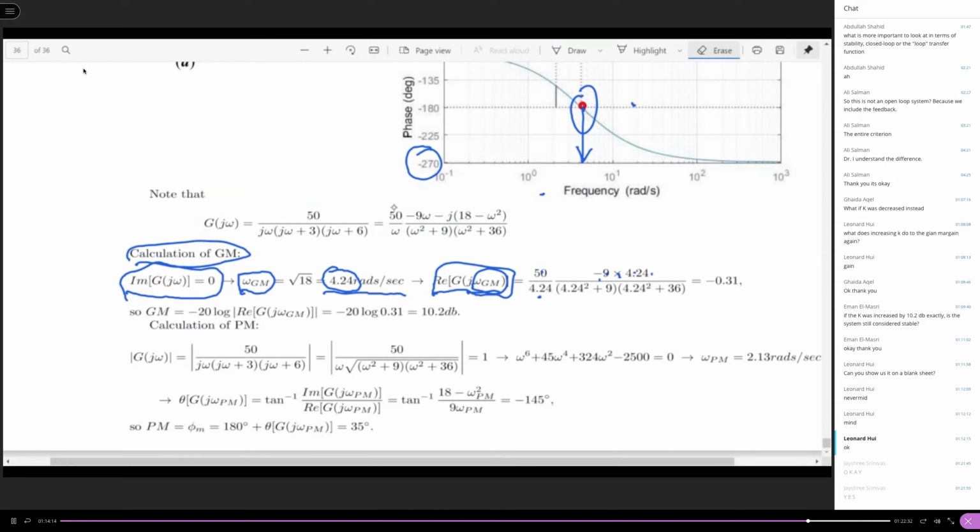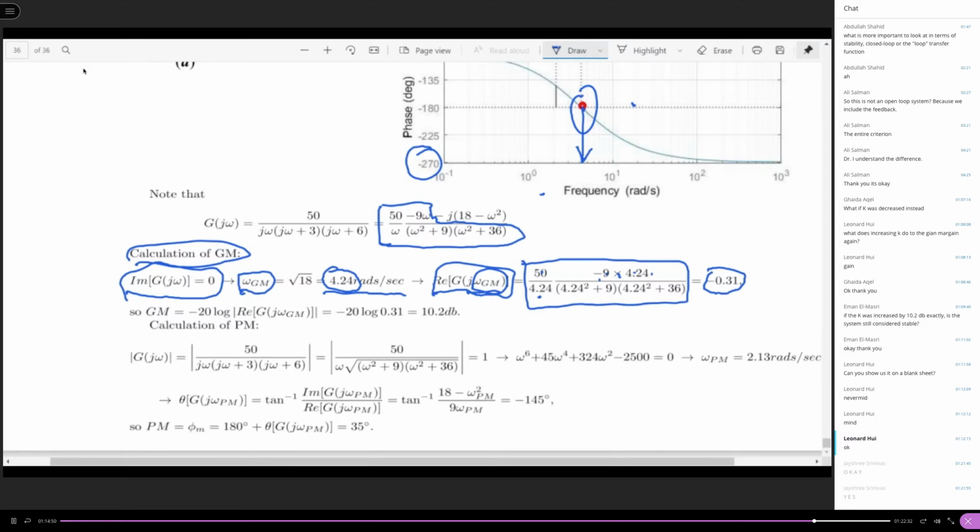See, your real part is here. You substitute the gain margin crossover frequency, 4.24, into this expression, and then you calculate that. At the crossover point, the real part is equal to minus 0.37.